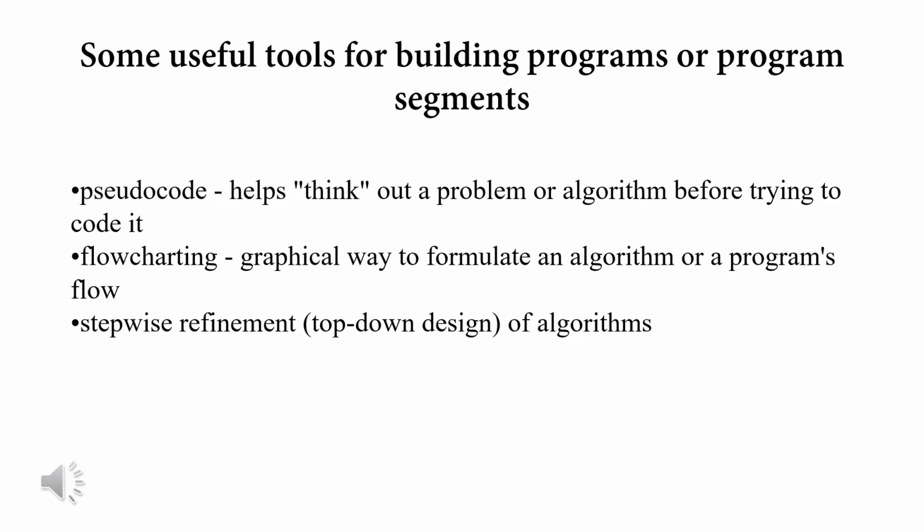The other one is flowcharting. A flowchart is a graphical way to show the algorithm of your code. The other one is stepwise refinement of the algorithm. You can use any of these three tools in order to start writing your code.